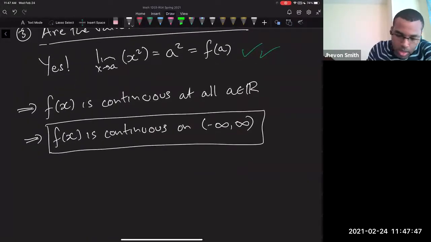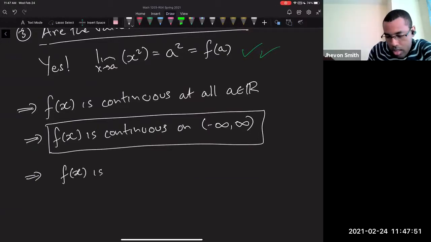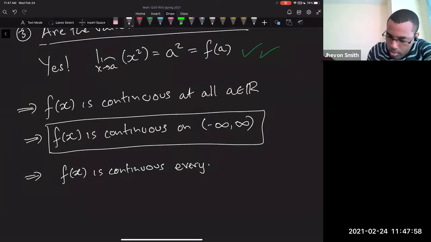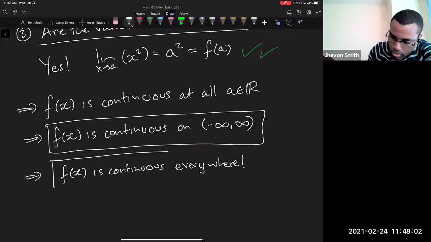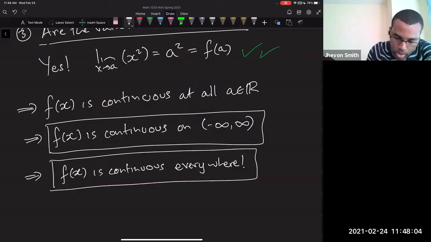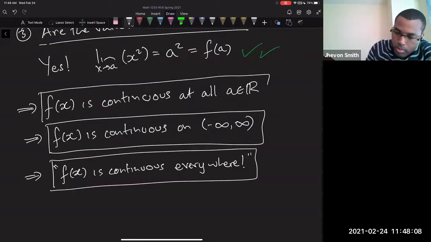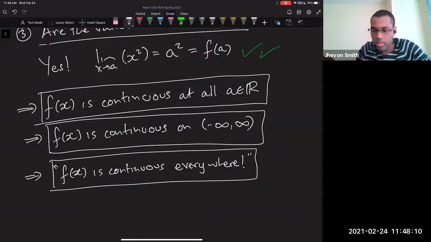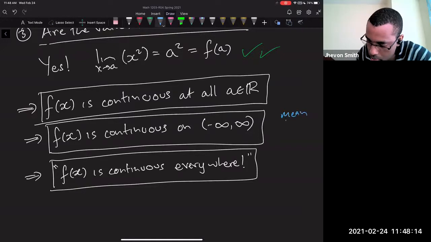So you can say that is the answer. It's also the same as saying f of x is continuous everywhere. Right, so these all mean the same thing.